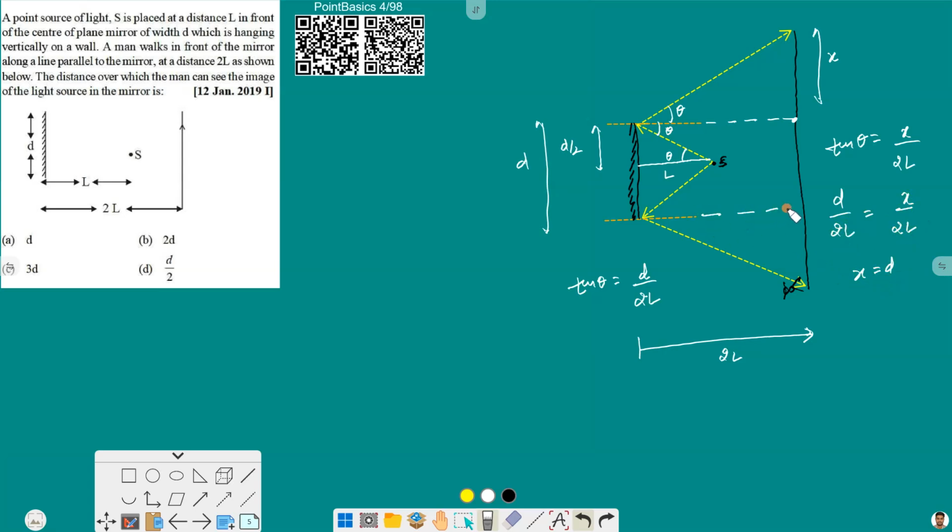So now this is d, this is d, and this is also d. So the total distance up to which he can view the image of the source will be 3d. That is option C here. So option C will be the right answer. Now let us move ahead.